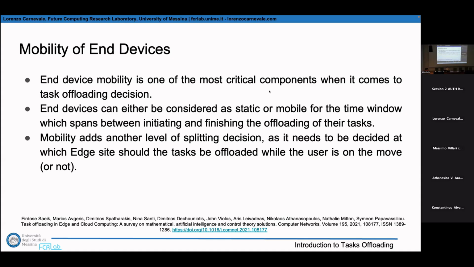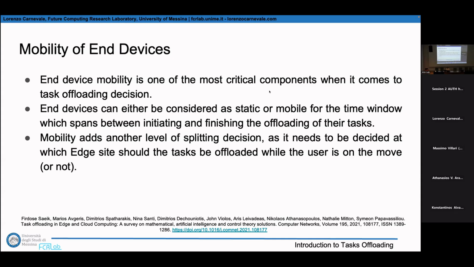Even if the device moves while offloading, it's important to understand whether, in the amount of time that this device moves, we can offload the amount of operations that we targeted. So mobility adds another level of splitting decision, and we need to decide which specific edge site should be targeted to offload the computation while the user is moving.